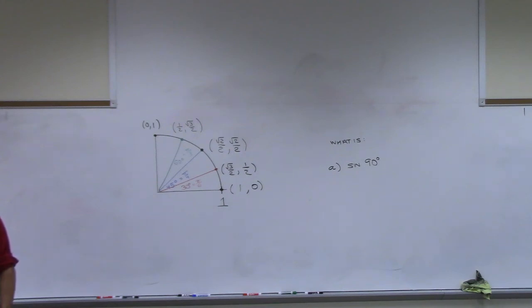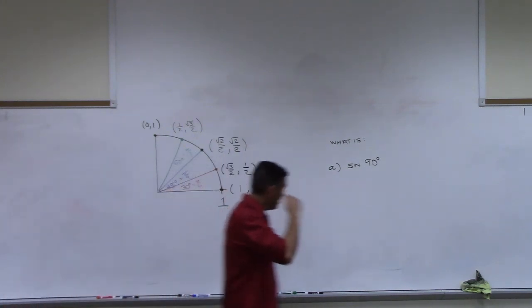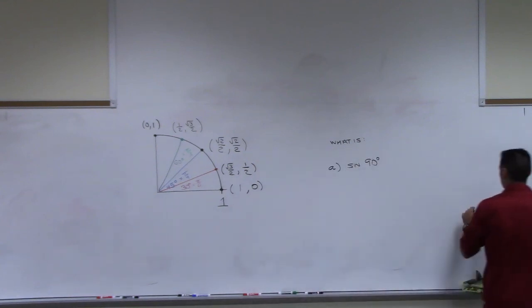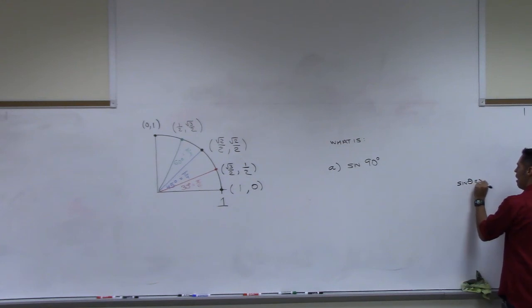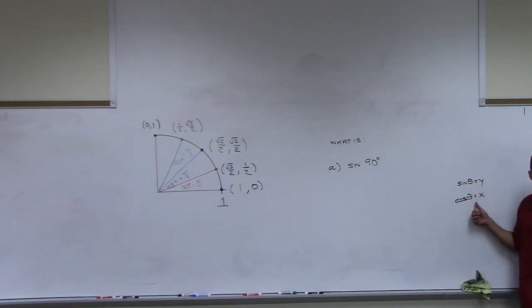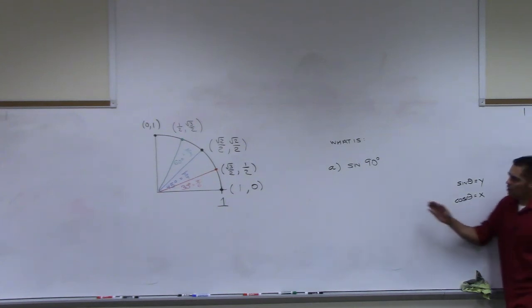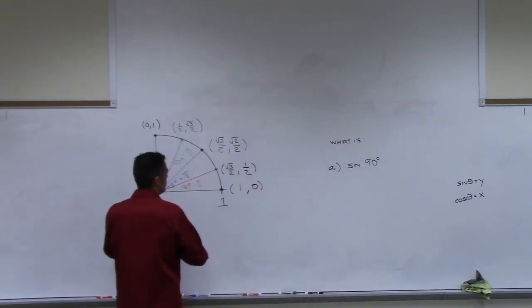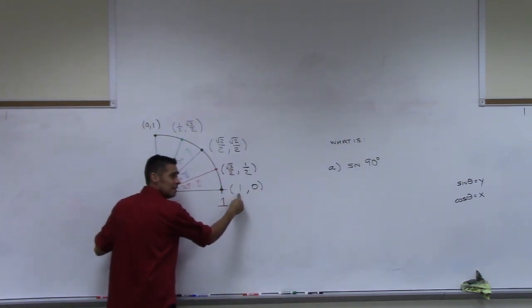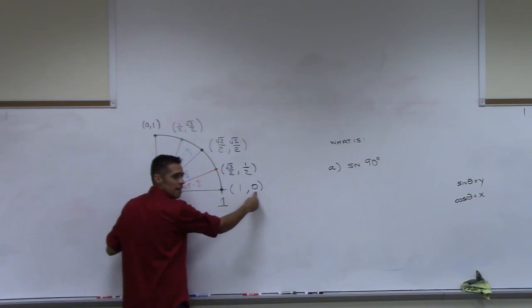Okay, so if you go back and you look at this, what I just erased here, I said that sine of theta is y, right? And cosine of theta is x if we're on the unit circle. Yes? That means that all of these points here correspond to cosine of the angle and sine of the angle.